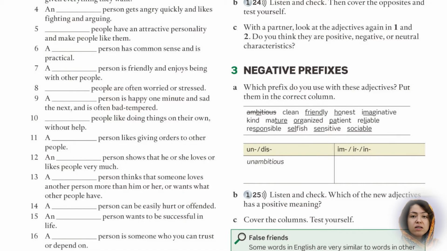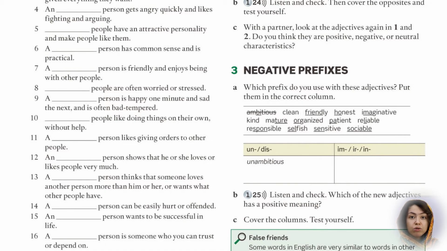Reliable, a person whom you can trust. So we call that reliable. And unreliable, a person who is not trustworthy. Responsible, irresponsible, double R. Selfish, a person who is self-centered.